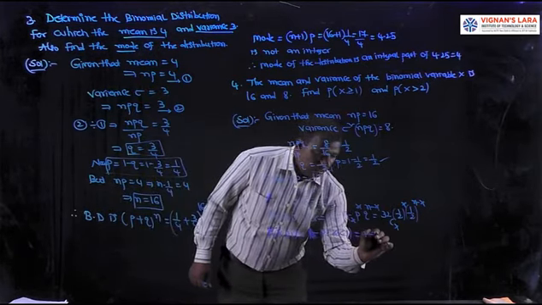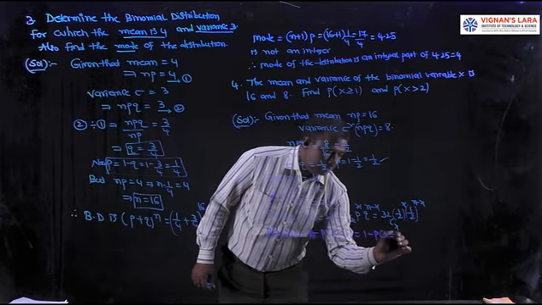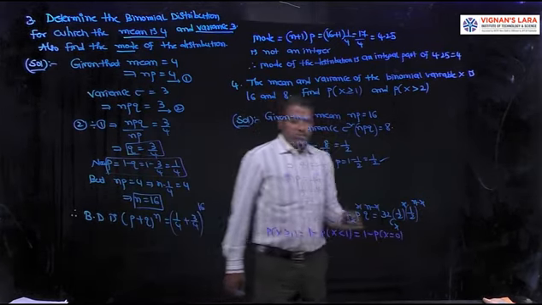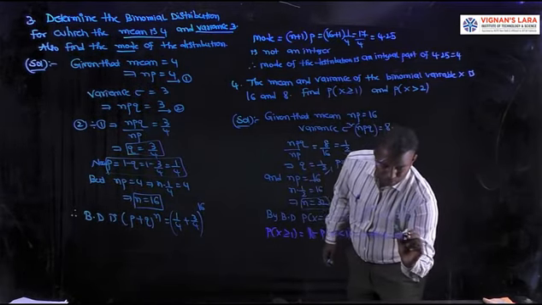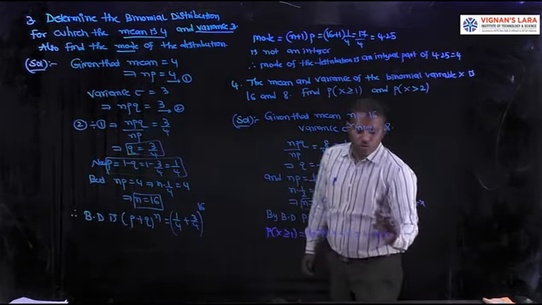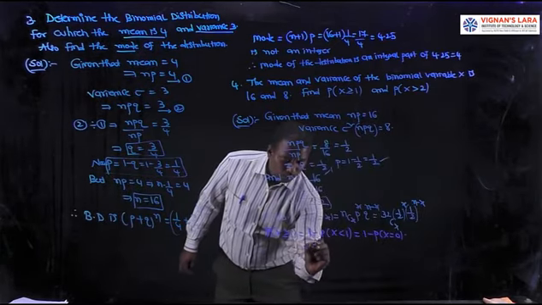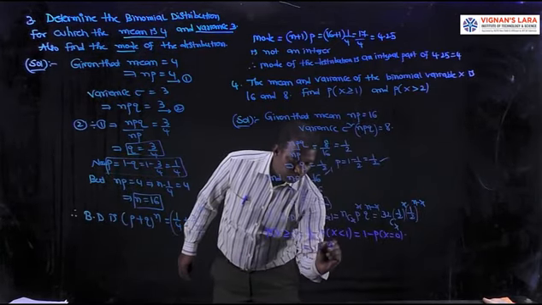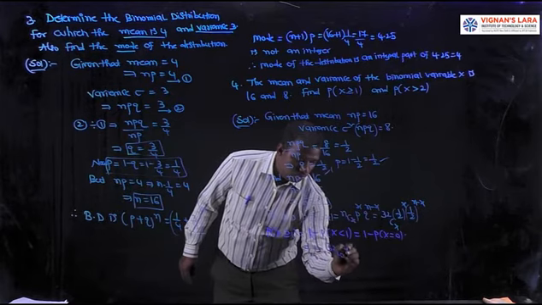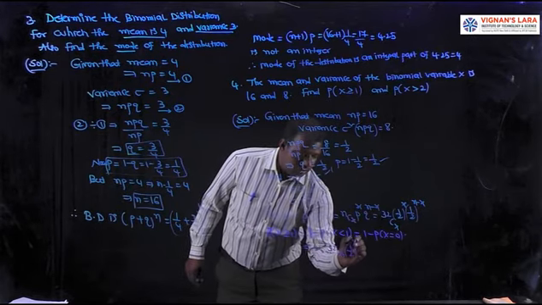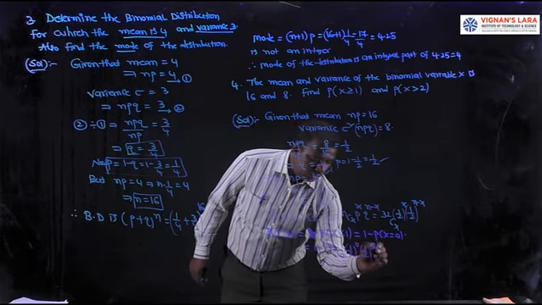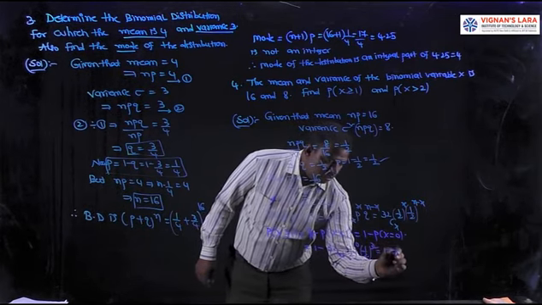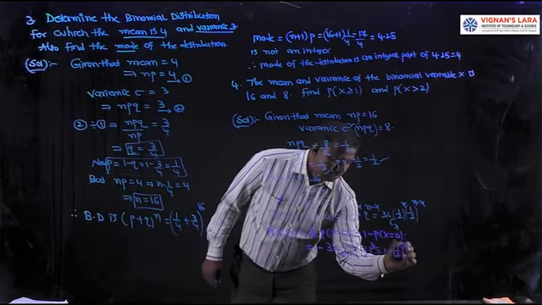Less than 1 means P of X equal to 0. That equals 1 minus 32C0 (1 by 2) whole power 0 into (1 by 2) whole power 32. So its value is 1 minus (1 by 2) whole power 32.